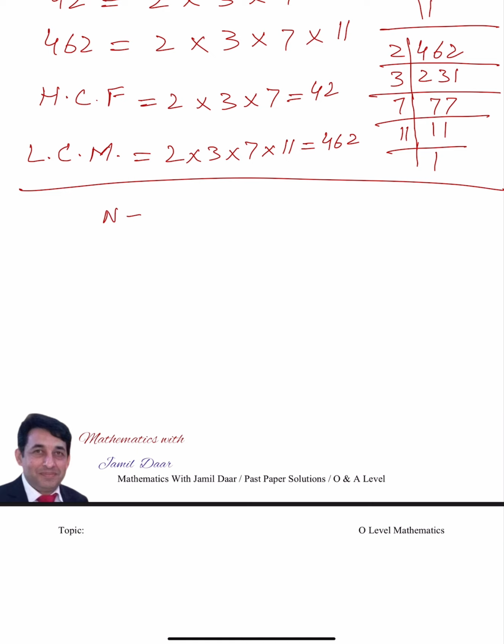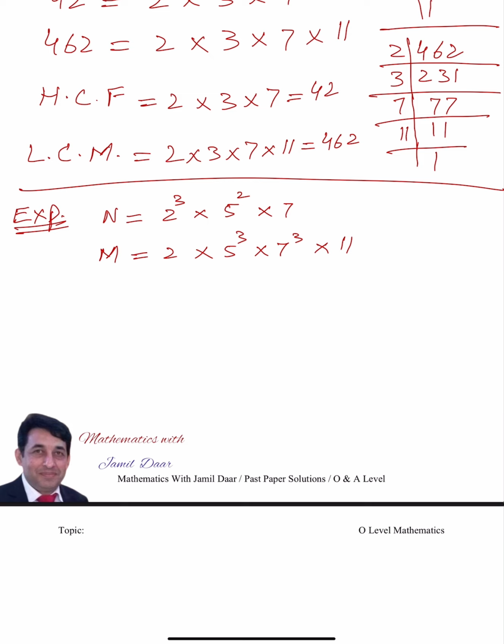N is equal to 2 raised to the power 3, 5 raised to the power 2, and 7 raised to the power 1, and M is equal to 2 raised to the power 2, 5 raised to the power 3, 7 cube, and 11. So find the HCF and LCM of the two numbers N and M.